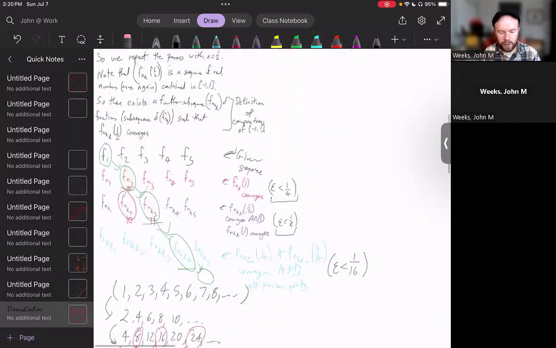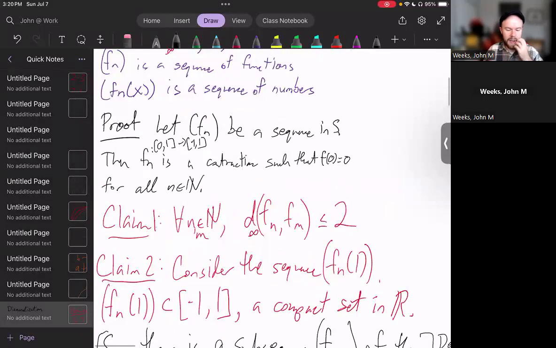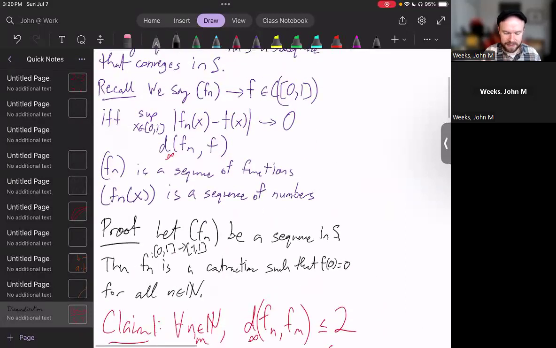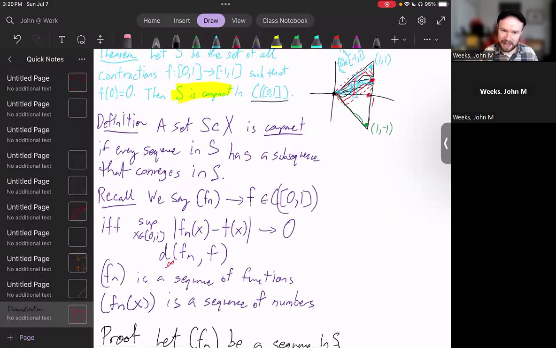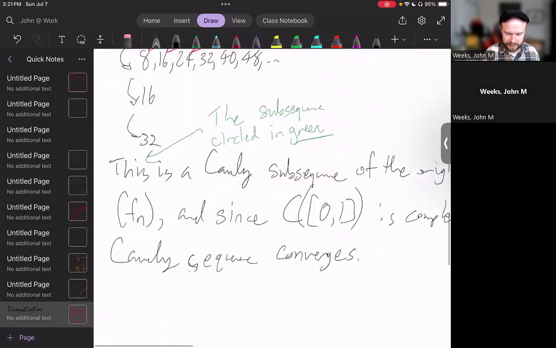Now remember what our goal was at the very beginning here. We started with the sequence f sub n, and we wanted to show that there was a subsequence of that sequence of functions f sub n that converged inside of our set of contractions that started at f of 0 equals 0. And now we see that that is actually the case.